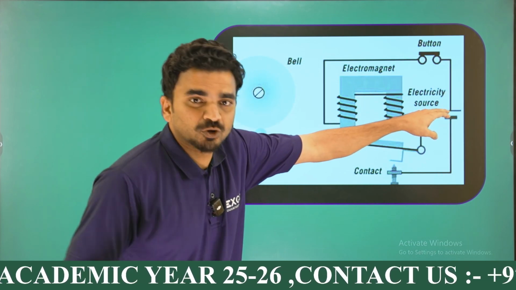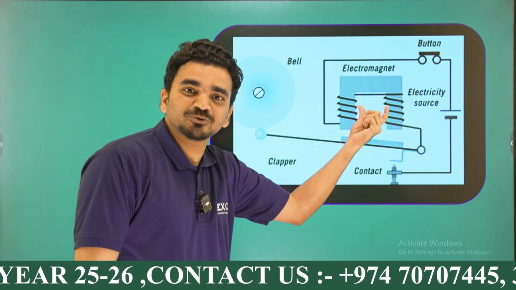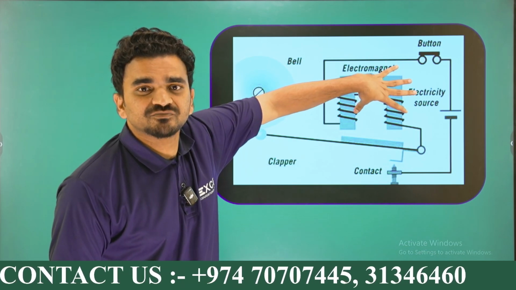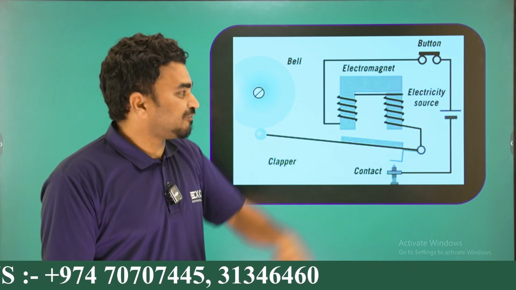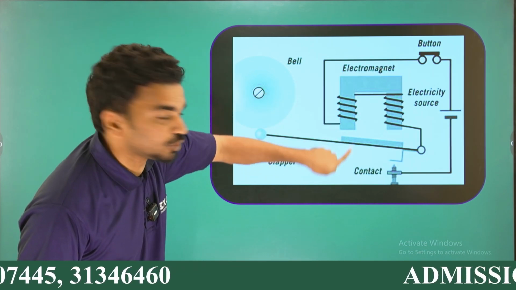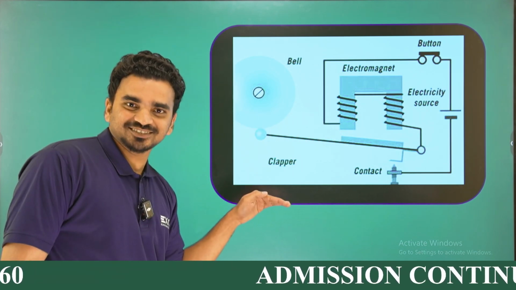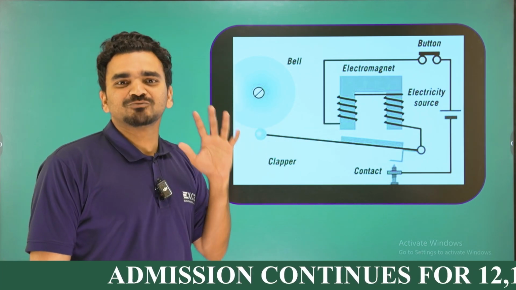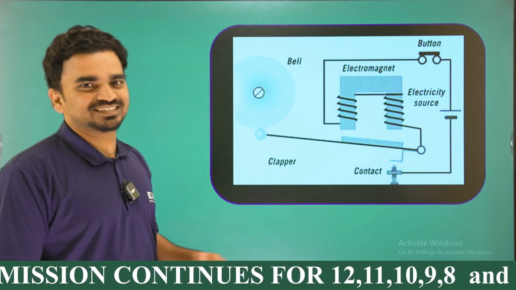The battery is no longer sending current, so this is no longer a current-carrying electromagnet. It becomes demagnetized. When there is no current, the electromagnet becomes demagnetized, and the attraction no longer exists. So the striker goes back and the sound stops. Got the idea? This is the working of the electric bell. How simple is that, but it's a brilliant technique.